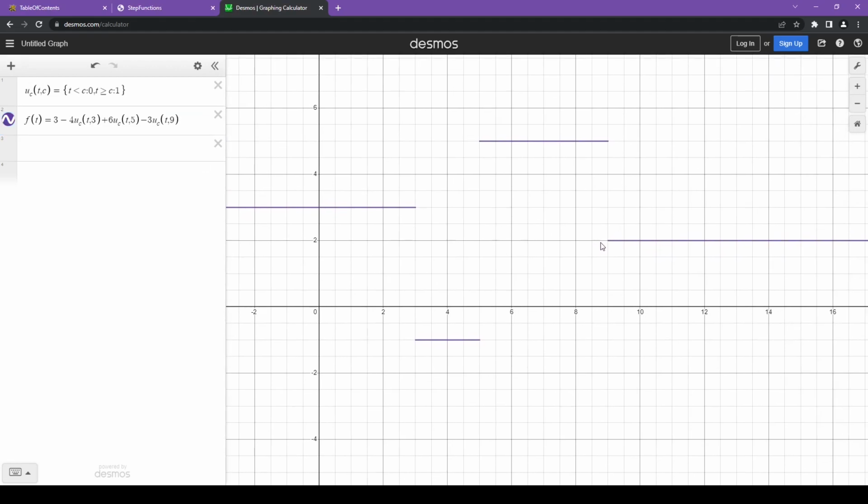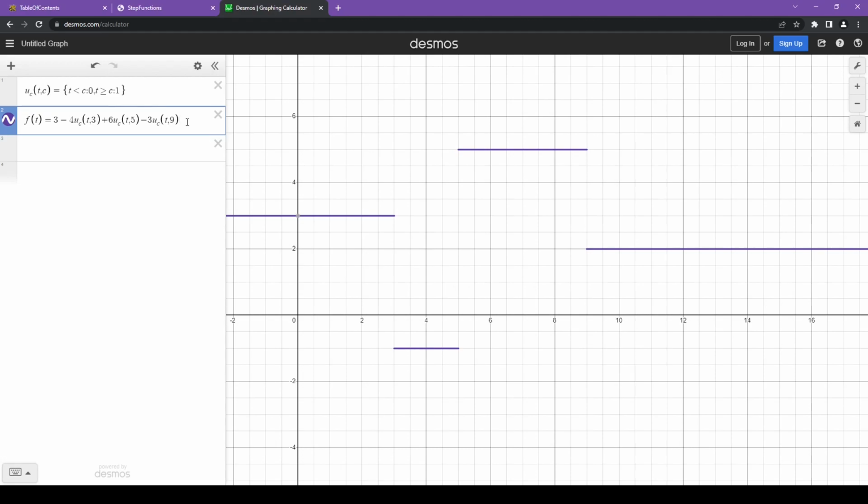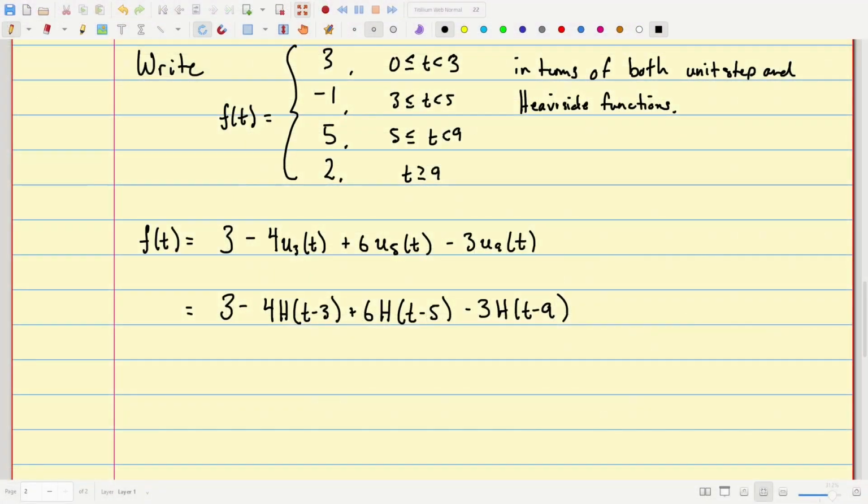Okay, we ask ourselves, does this satisfy the conditions it needs to satisfy? Technically this isn't supposed to be turned on until t is greater than or equal to 0. Our conditions were 3 and then -1 and then 5 and then 2, right?